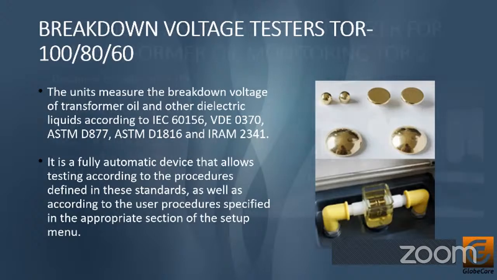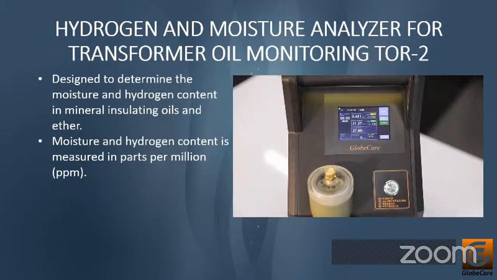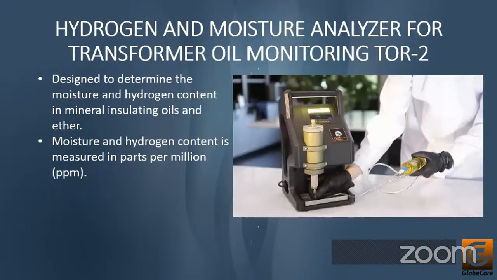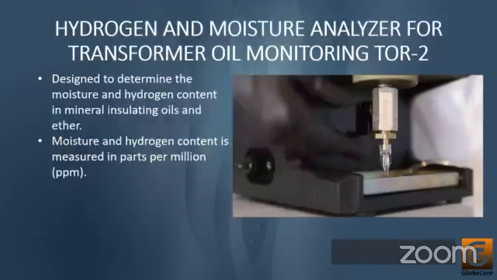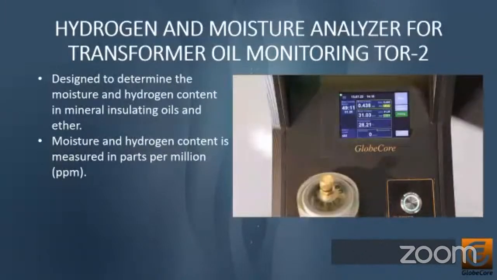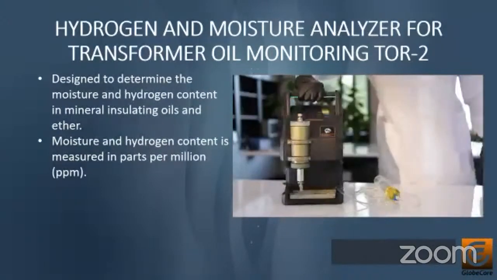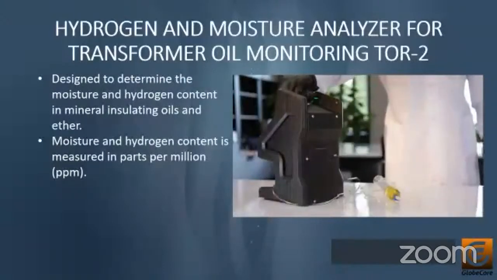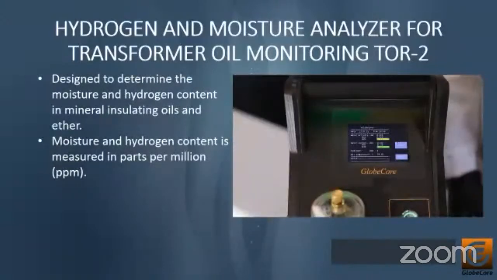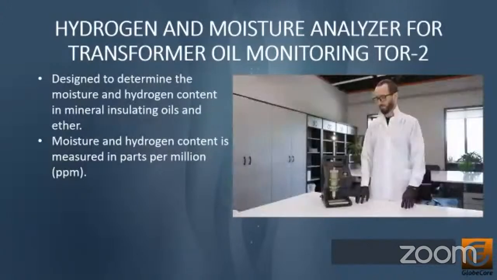Another important instrument that we have is the TOR number two, which is exactly the same as TOR number one, but this has the opportunity to make a measurement of hydrogen inside of the oil. That means if you are running the gasification process in the field, you can have information at the moment when you are running these procedures.